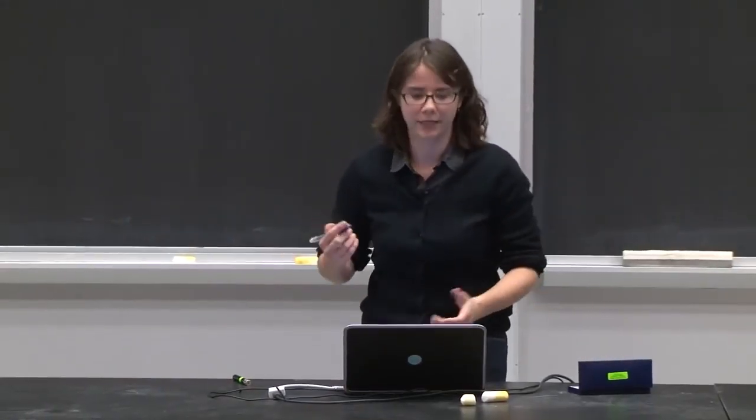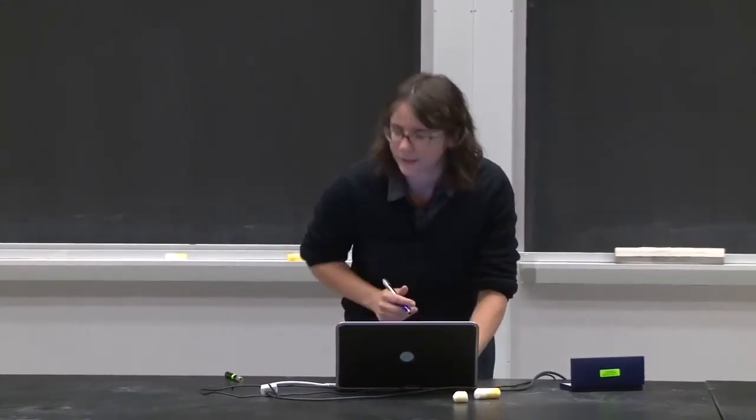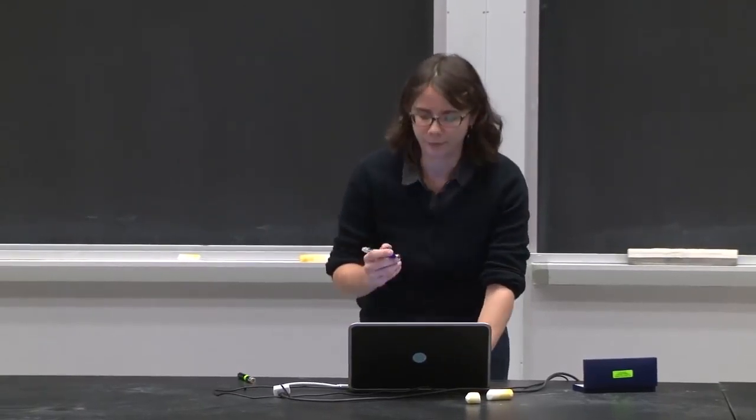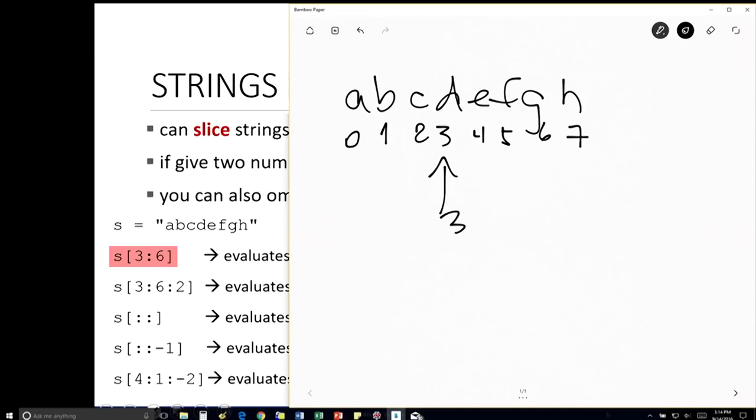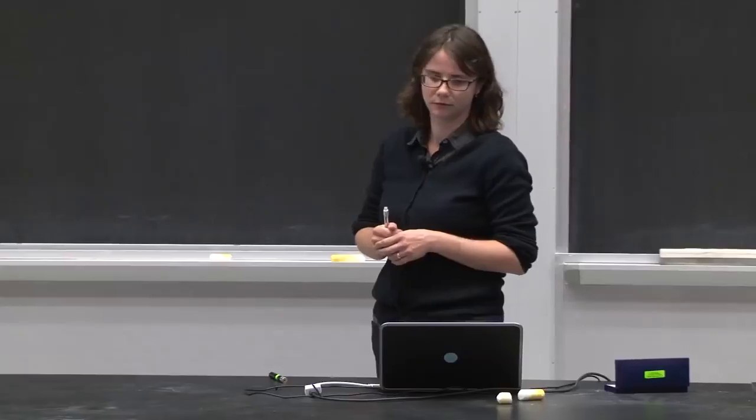And you just count. So s, starting from 3 and going till 6, is going to start here, 3, right? So it's going to come up with D, and then we're going to take E, and then we're going to take F. And since we're going until stop minus 1, we're not going to take G, right? Because this is position 6, and we're going until 6 minus 1.